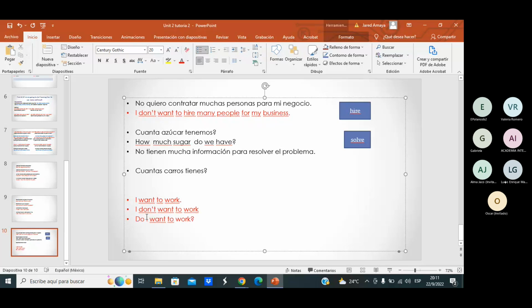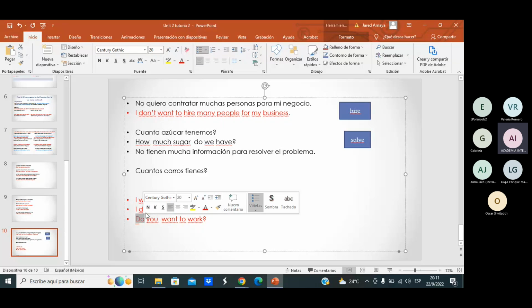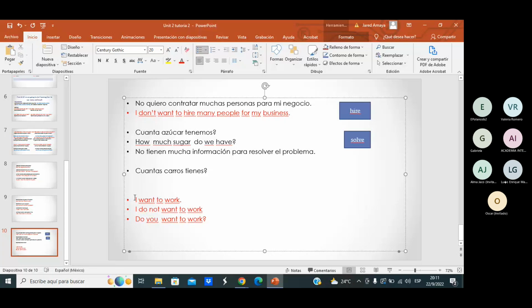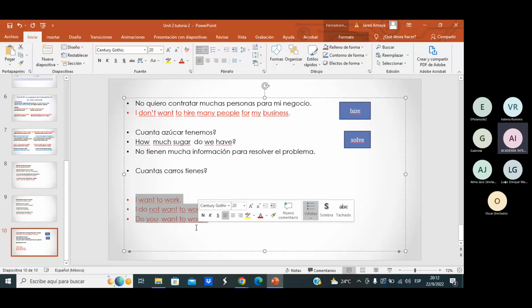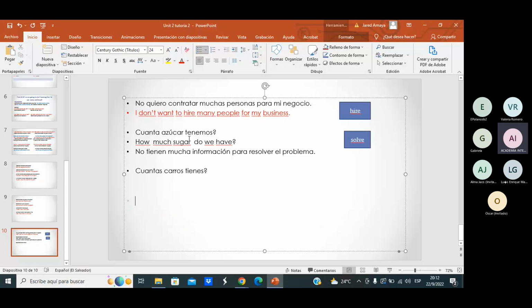O si le hacemos la pregunta a alguien más, do you want to work? Entonces se usa esta auxiliar del do. El verbo auxiliar do, así se le llama. Incluso el I don't es como decir I do not, pero don't es contractado. Y por eso es que uso esto aquí. Do. How much sugar do we have, ¿verdad? Por eso es. Porque como es una pregunta.